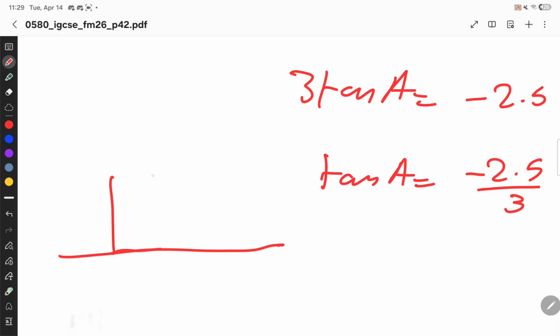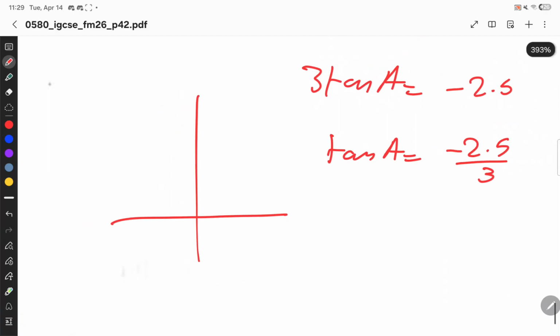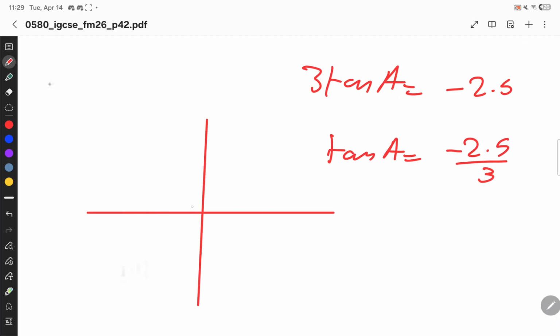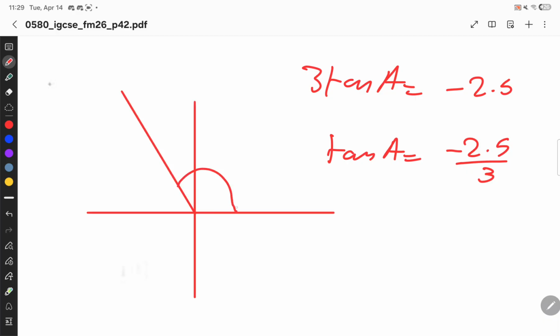In a unit circle, it is somewhat like this. This is the line that we have to find, and this is the angle we have to find. But this line is also extended to this area also, so the tangent will give us two values.